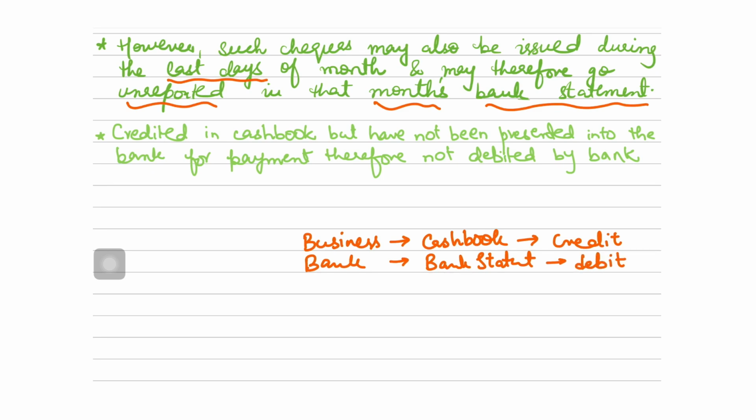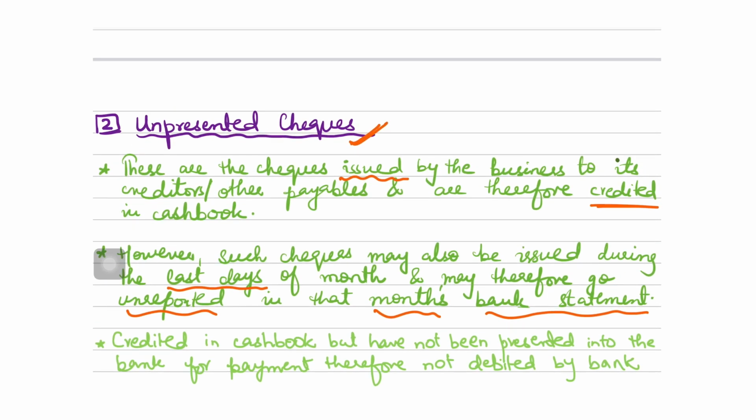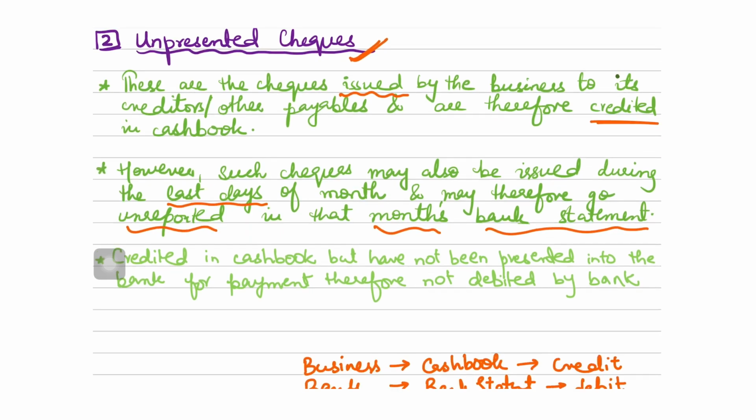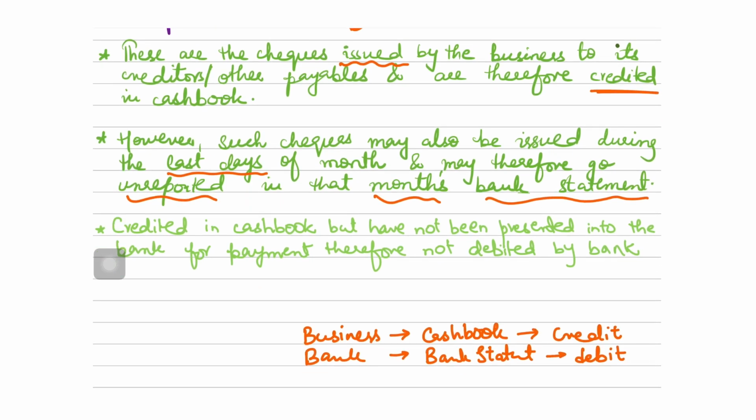So when I am comparing my cash book with my bank statement, I will see some checks issued on the credit side of my cash book which will not exist on the debit side of my bank statement. Why? Because they are the unpresented checks. They should appear on the debit side of the bank statement. Since they are credited in the cash book but haven't been presented to the bank for payment, they are therefore not debited by the bank.